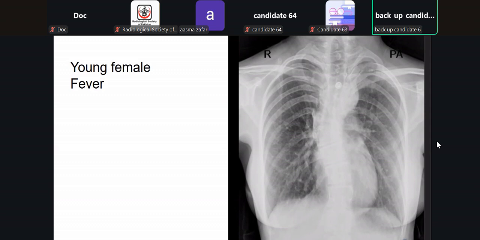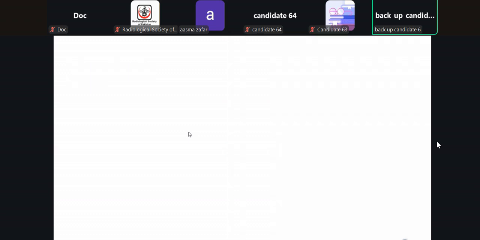There is evidence of scoliosis with convexity towards the right side. Apart from that, the cardiomediastinal contour is normal in appearance and I cannot appreciate any other bony deformity.